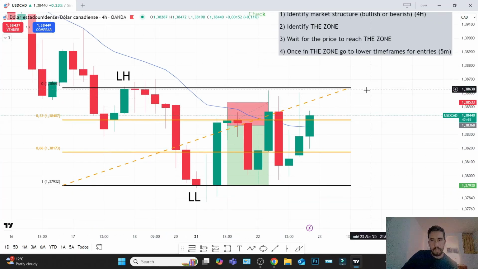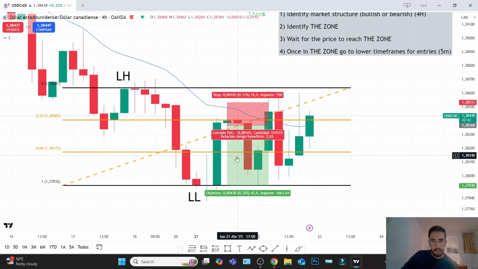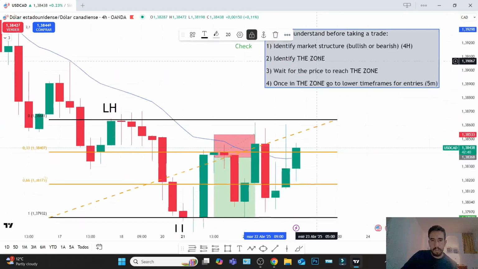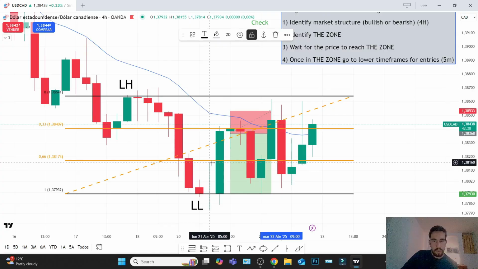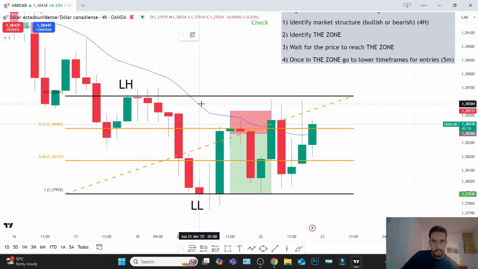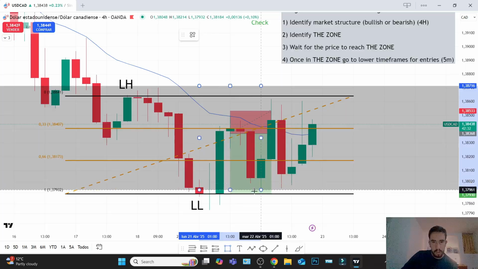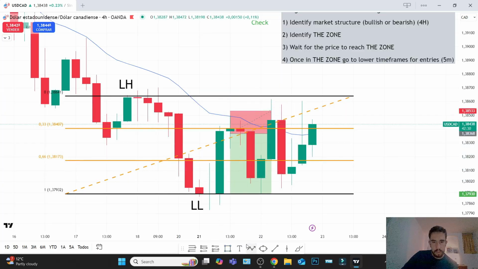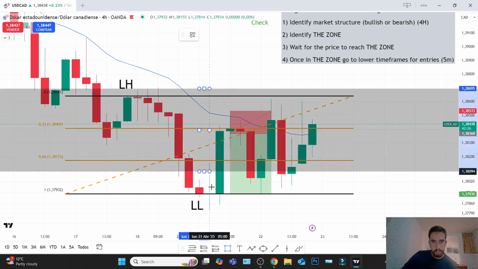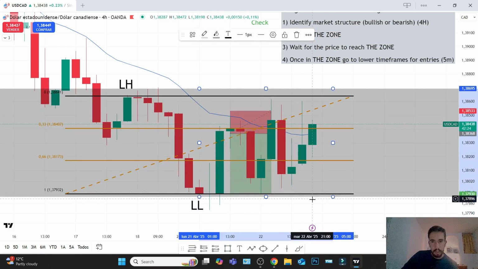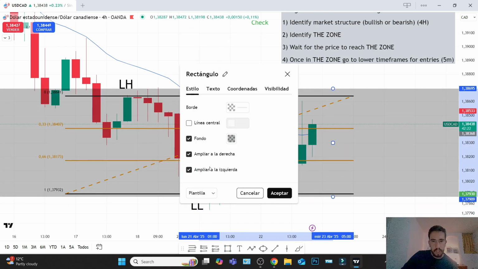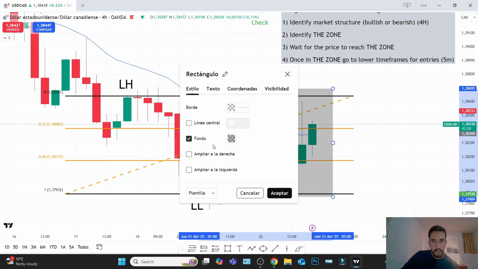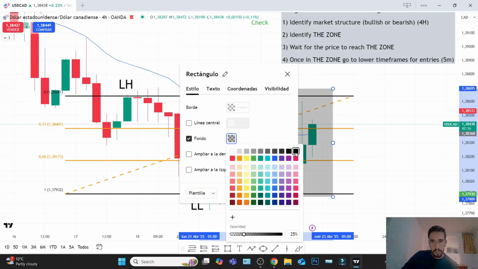So this retracement here, let me just put a square for a second here. How do I do this? Oh yeah, I know how. Let me check if I can.